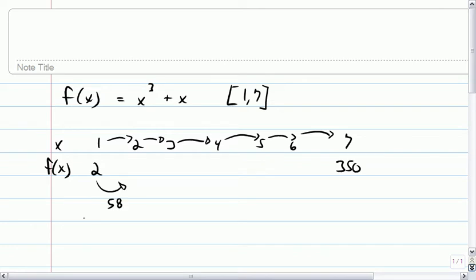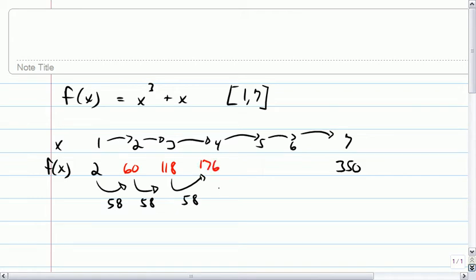Well, if you add 58 to 2, you get 60. And then if you add 58 to 60, you get 118. And if you add 58 to 118, you get 176.